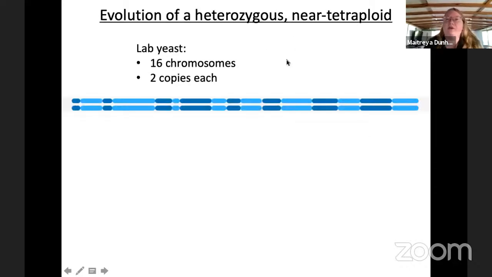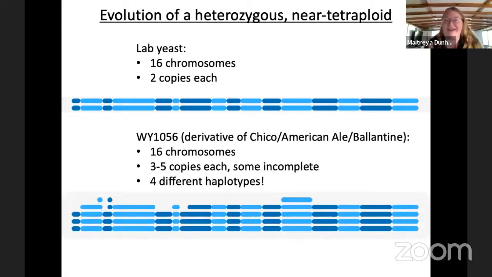And in order to introduce you to the species inside, I want to just mention that it is not what you're thinking. If you're familiar with yeast, you might be thinking of the lab yeast, where we've got 16 chromosomes. If you're a diploid, you've got 2 copies of each. You're usually nice and homozygous, well-behaved. Brewing strains are not that.